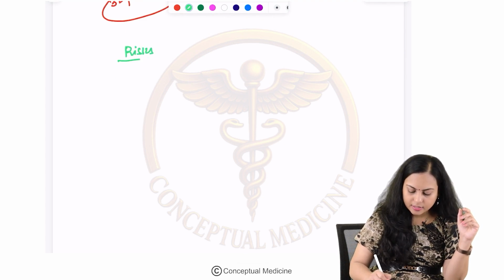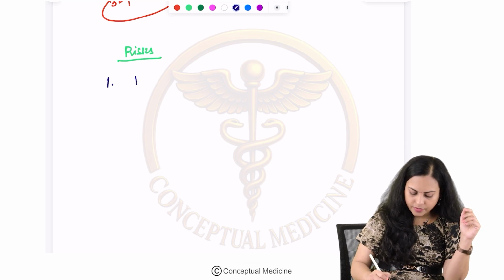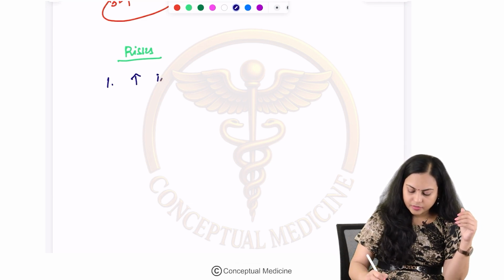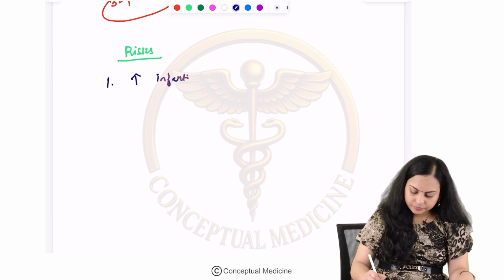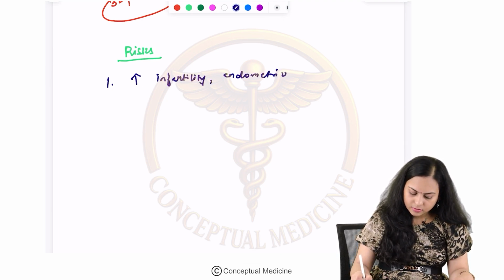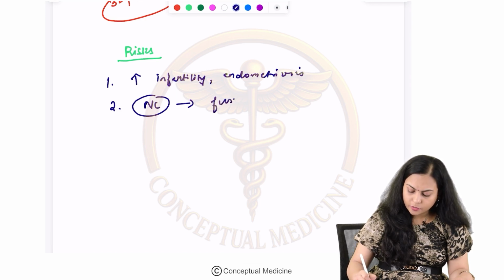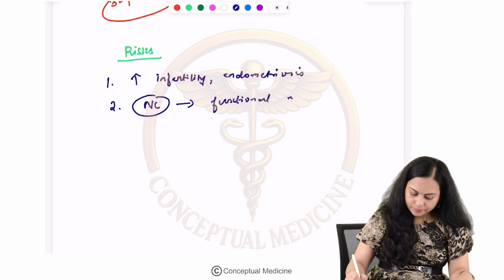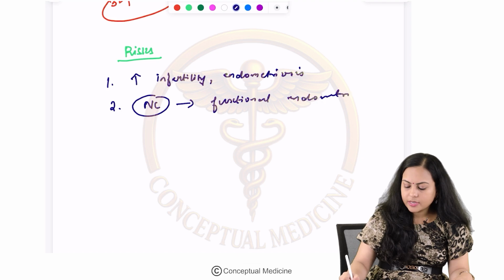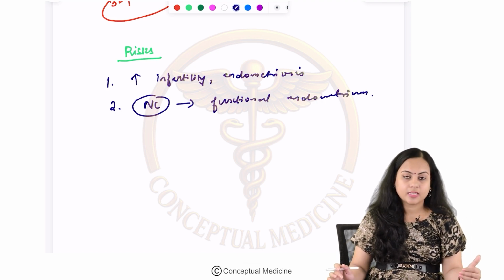What are the risks that are associated with unicornuate uterus? There is an increased incidence of infertility as well as endometriosis. Suppose the non-communicating horn contains functional endometrium, what will happen? The functional endometrium is also going to react to the hormonal changes that are happening in the female.